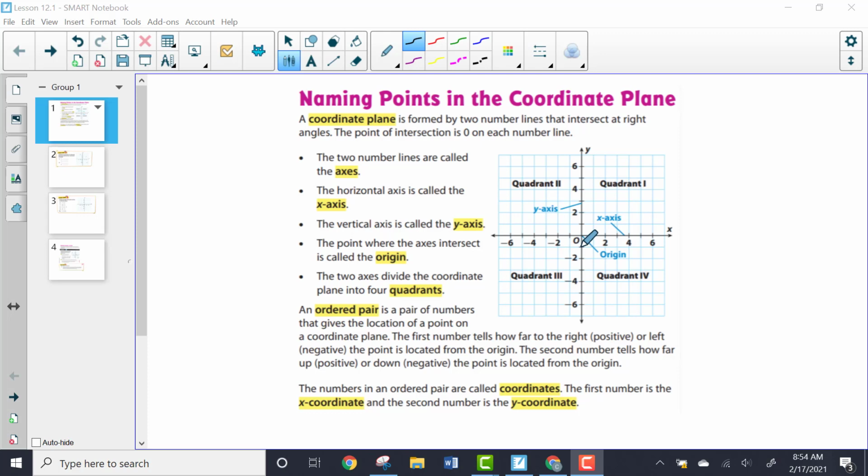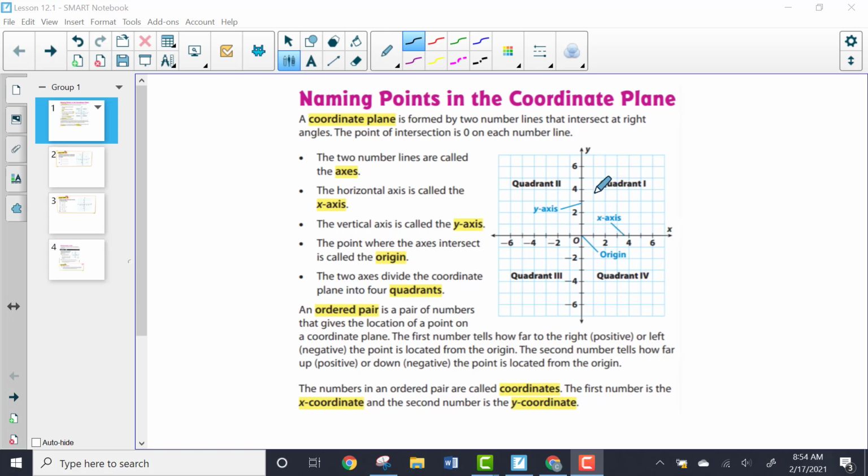So first of all, the two number lines are called the axes. Okay, so it is important to understand two number lines called the axes here. All right, now the horizontal axis is called the x-axis. So when we're moving on a coordinate plane, this is called the x-axis.